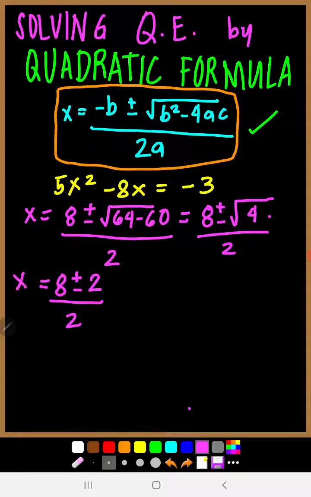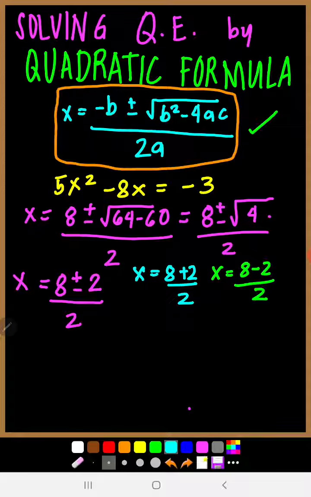Now we are going to have two equations again. The first equation is x equals 8 plus 2 divided by 2, and the other equation is x equals 8 minus 2 divided by 2.